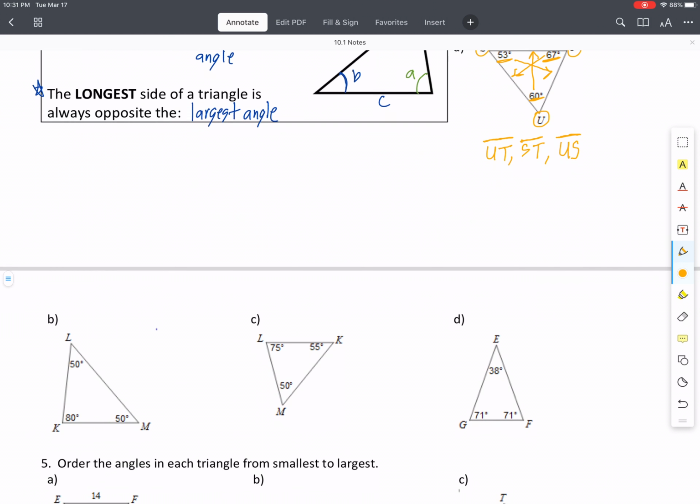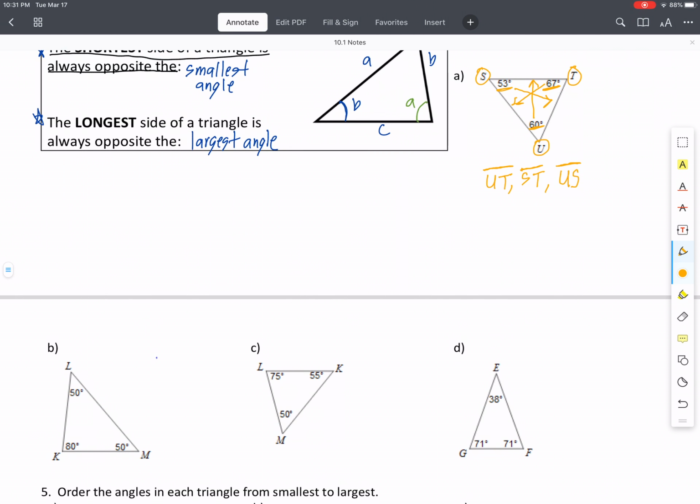So let's look at some other triangles here. So now we're going to look at this example with B. So let's look at the measures of the angles. So we got 50, that goes to that leg, that side.